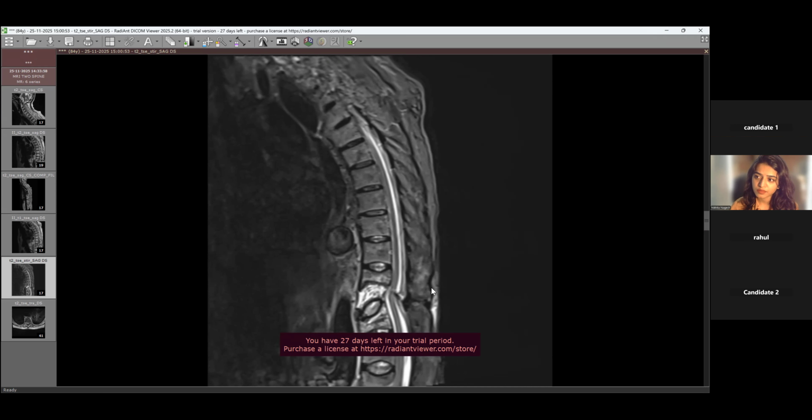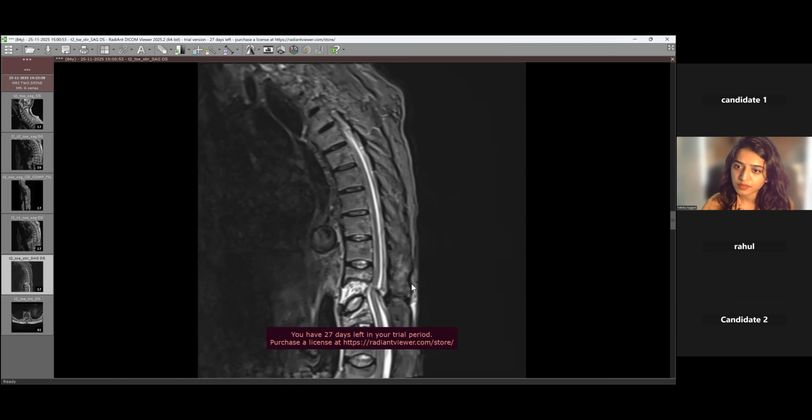So check with the history of the patient, and this is an urgent finding, because there is a compression of the cord and the patient could have issues because of that, so the patient would need an urgent neurosurgical consultation and management for this canal compression.